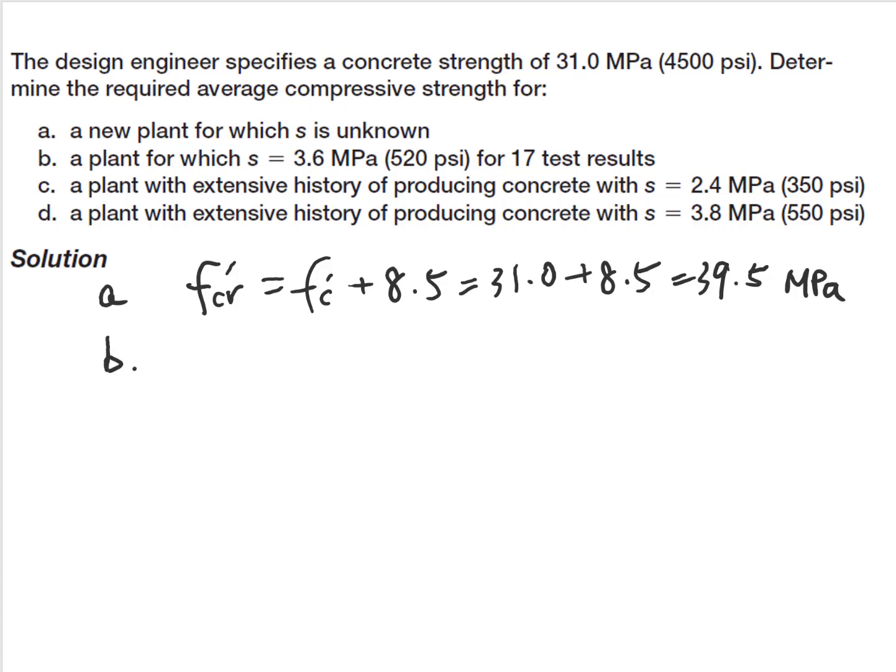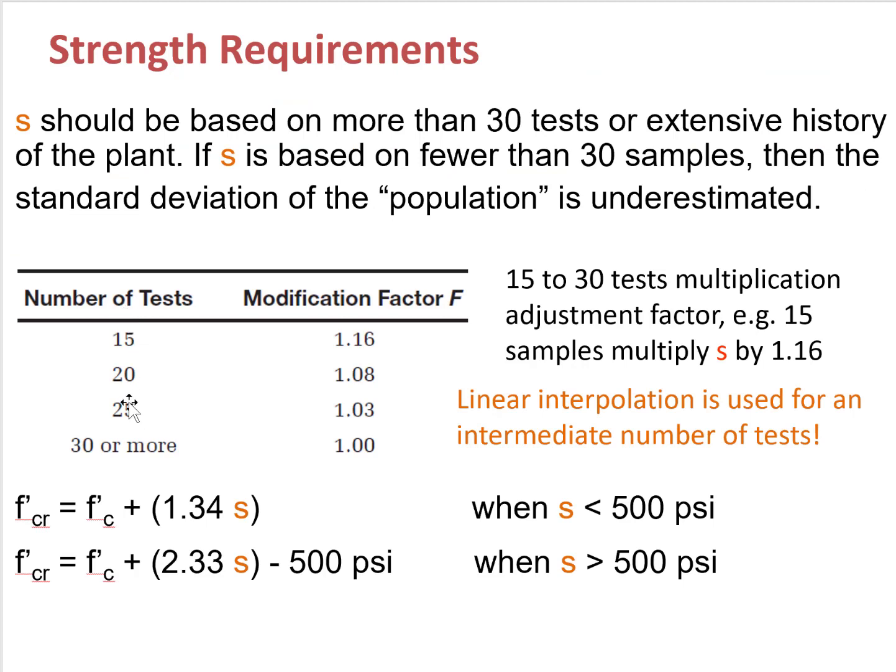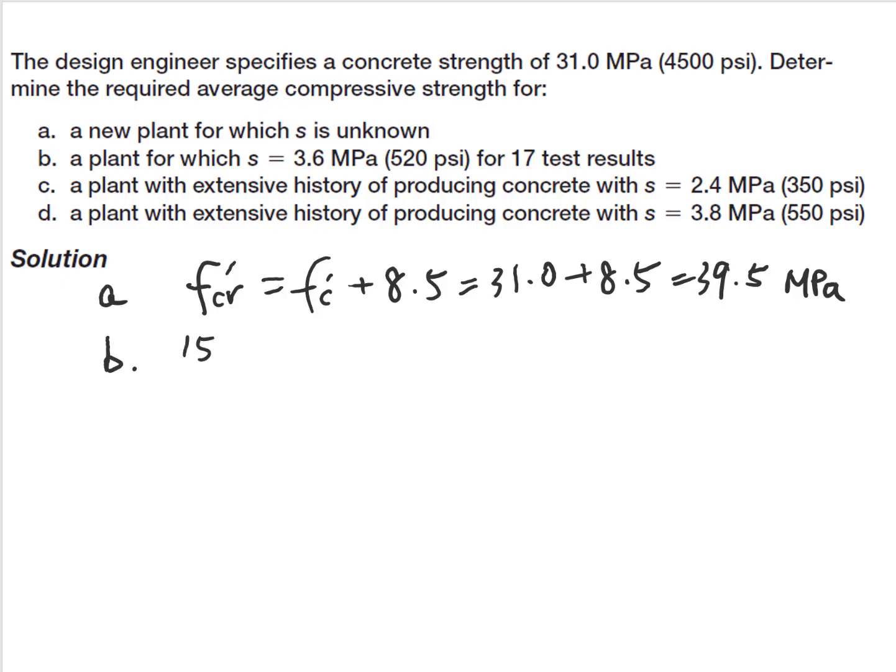Okay. Second, we have a standard deviation based on 17 test results. So we need to find the modification factor by using linear interpolation. So we know that 15 corresponds to 1.16 and 20 corresponds to 1.08.